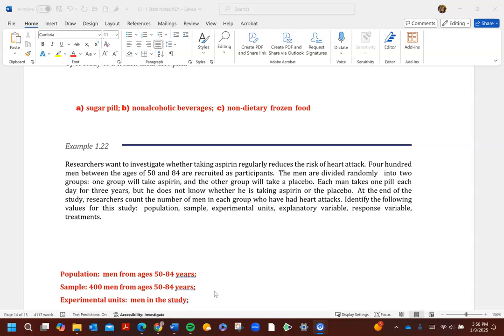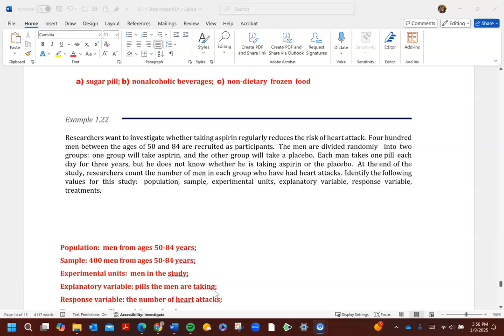Experimental units are men in the study. So even though it sounds like it's a thing, it could be a person too. Explanatory variable is the pills the men are taking. Response variable is the number of heart attacks. So what the intervention is, that's your explanatory or your independent variable, and then the outcome, what's dependent upon that, would be the number of heart attacks.